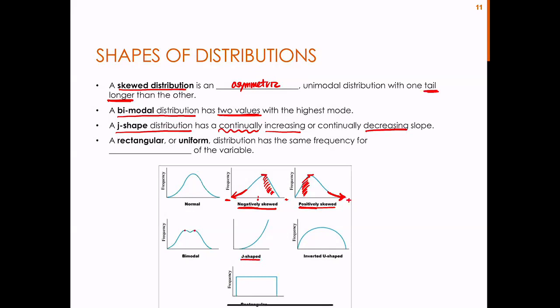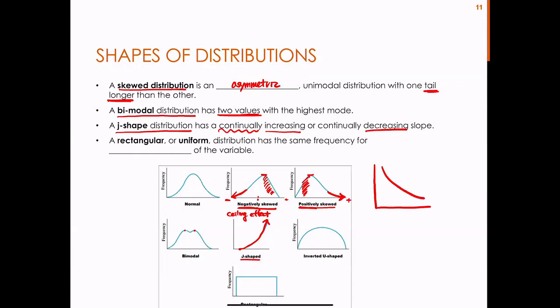This J-shaped distribution starts at the minimum and increases up to the maximum, and it is usually called the ceiling effect. On the other hand, we can have the opposite side of the J-shaped distribution, which looks like this.